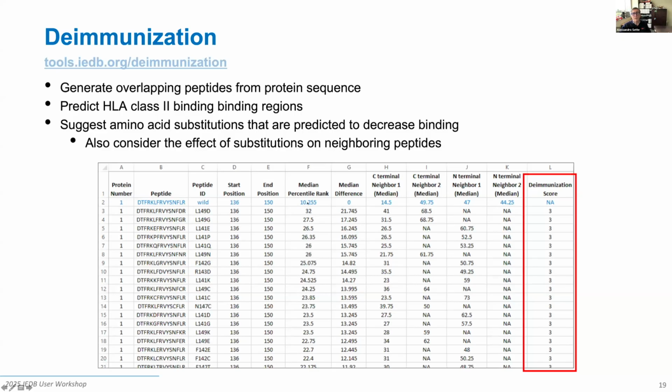So, for example, here we see a significant loss of binding, where this was predicted to bind in the 10th percentile, but now this one is predicted to bind 3 times less, and so forth.